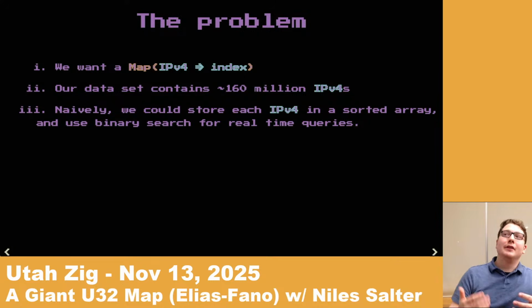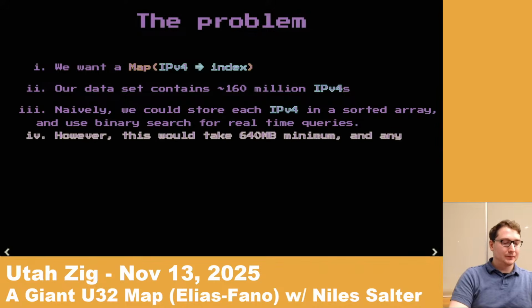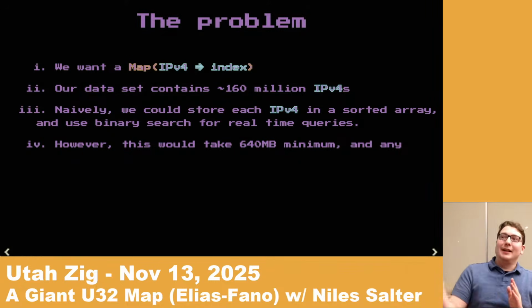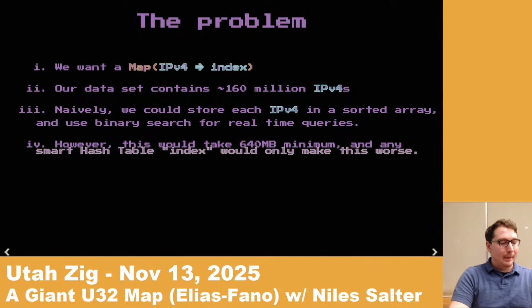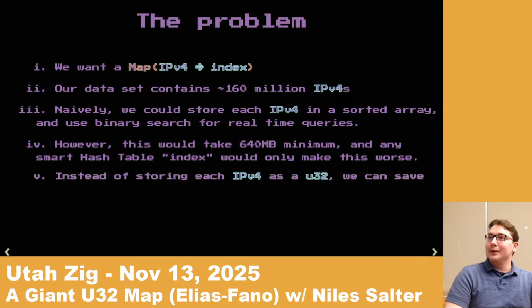If you use an off-the-shelf hash map out of the standard library, it's going to have an index in the database sense, which is going to speed up queries through some other mechanism, and that's kind of what I'll be talking about here. This would take a minimum of 640 megabytes if you wanted to store all of those keys. So we want to do something that allows us to compress the keys. A smart hash table index would only make this worse.